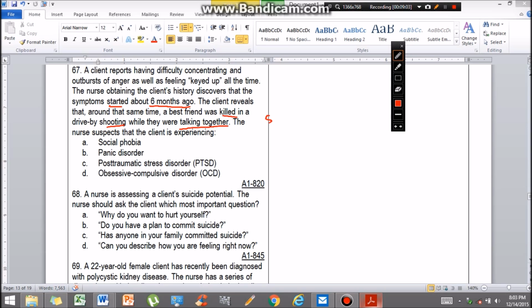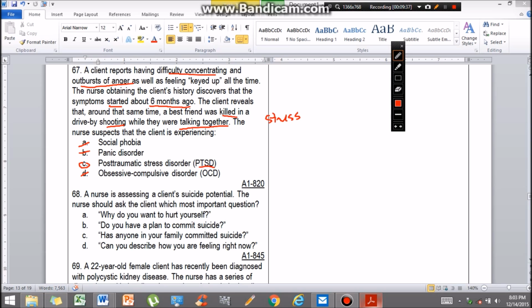So obviously, there's a stressful event that causes the appearance of difficulty concentrating, outbursts of anger, and so on and so forth. So this is a clear example of letter C, PTSD, post-traumatic stress disorder. The outbursts of anger and difficulty concentrating are actually a manifestation of PTSD. So eliminate this, and this one. C is the best answer.